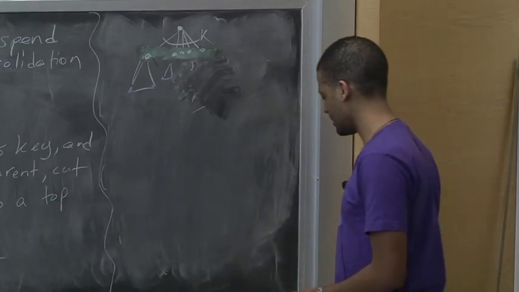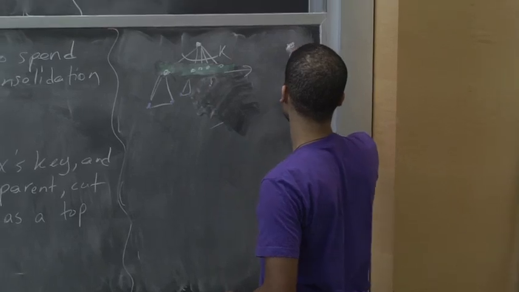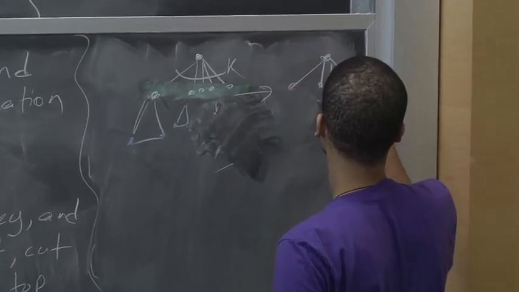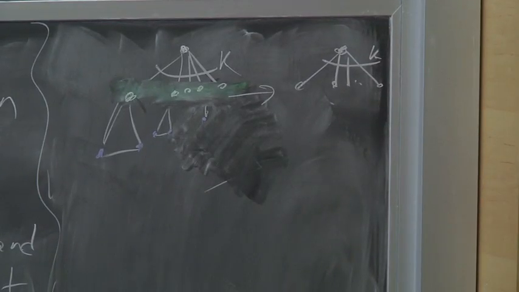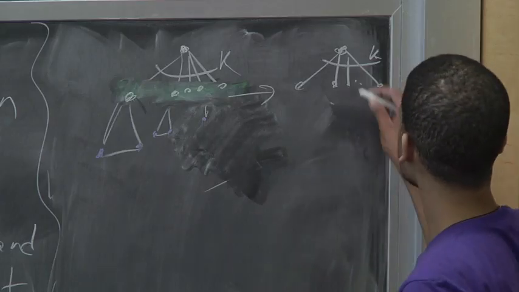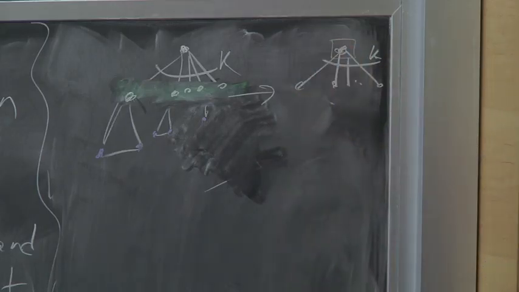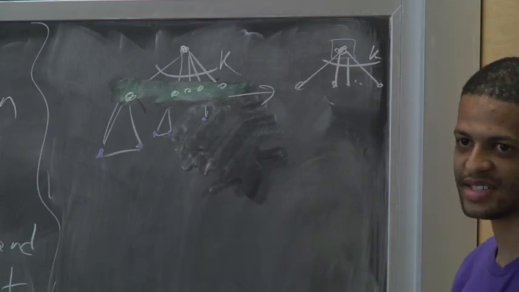And what we're left with at the end of that is a tree of rank k that has exactly k plus 1 items in it. So our previous argument that rank k trees are big, therefore the largest rank in our tree is small, therefore delete min doesn't take too long, is bogus now.